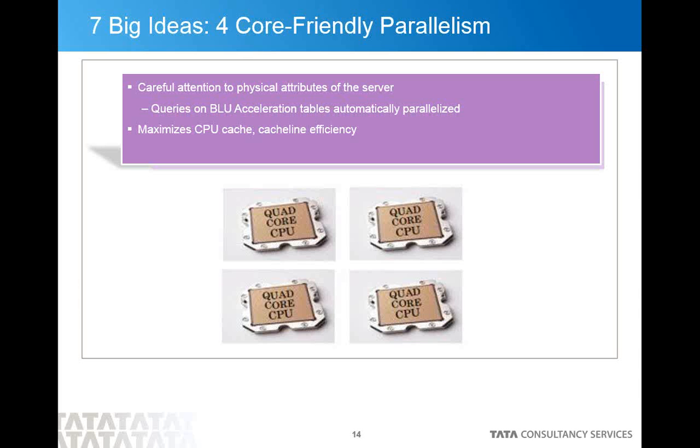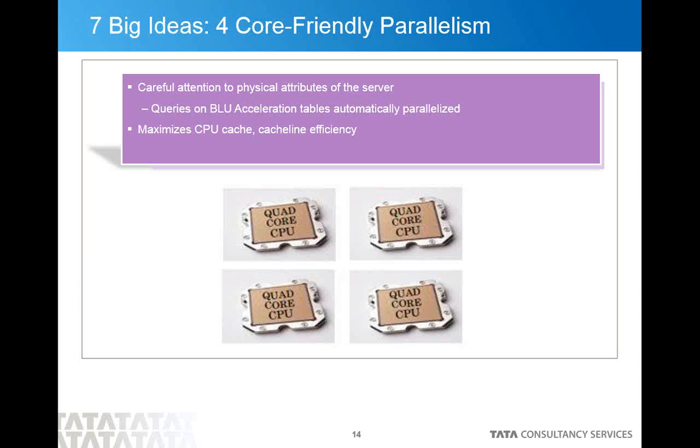Whenever we say that the main memory access is slow, we compare this with the access to CPU cache. BLU acceleration is designed to access data on disk very rarely, access RAM occasionally, and do most of the processing from data and instructions that reside in a CPU cache.